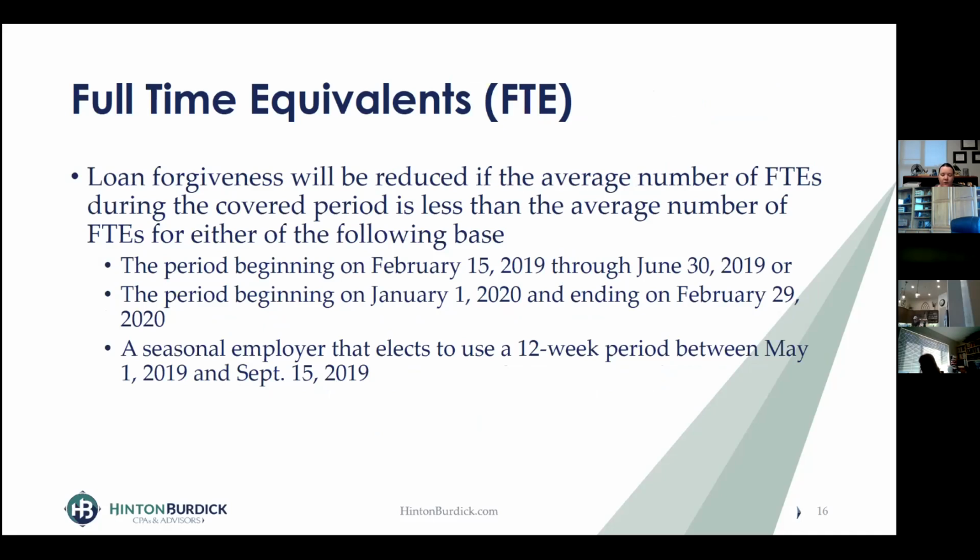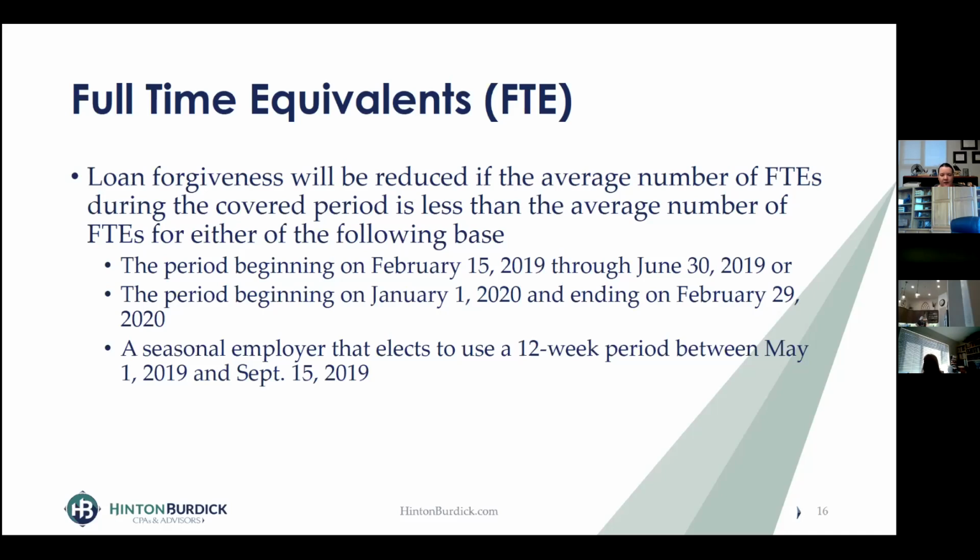So if you find out that during your base period you had 5 full-time equivalents, and then you calculate during your covered period that you only have 4 full-time equivalents, you will not receive 100% PPP loan forgiveness. So that's why it's important to calculate them the same way when you're calculating both the base period and the covered period.